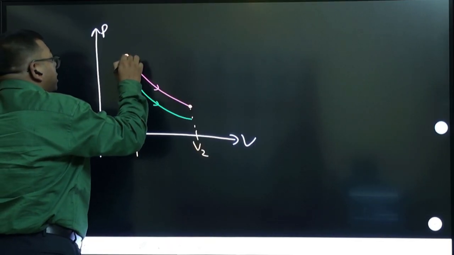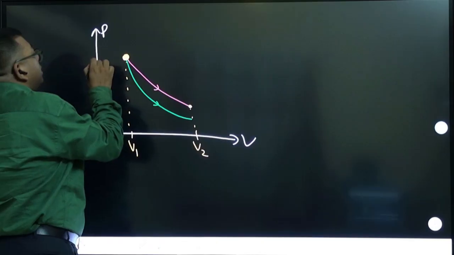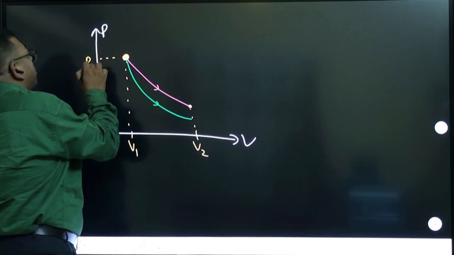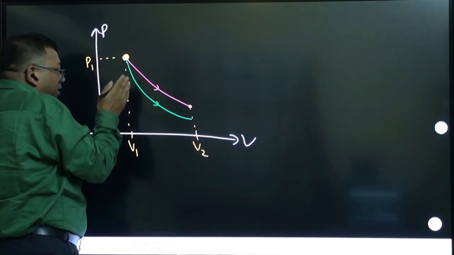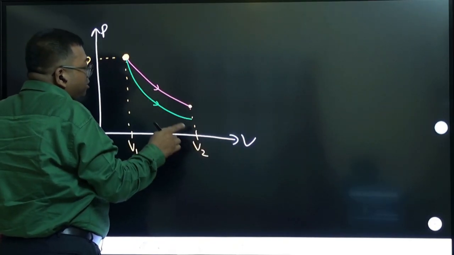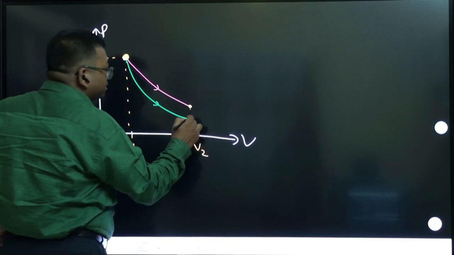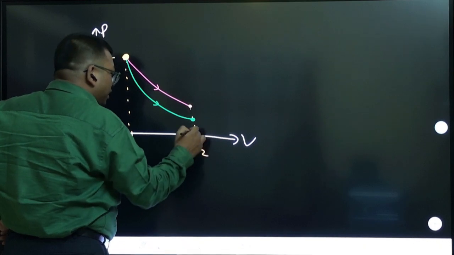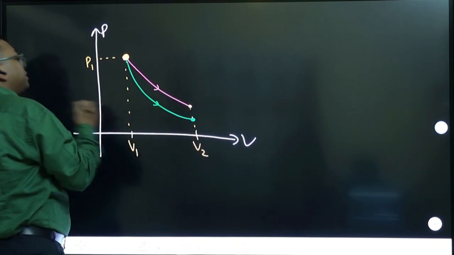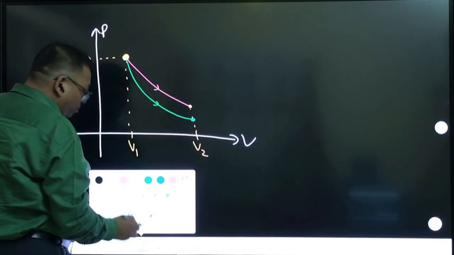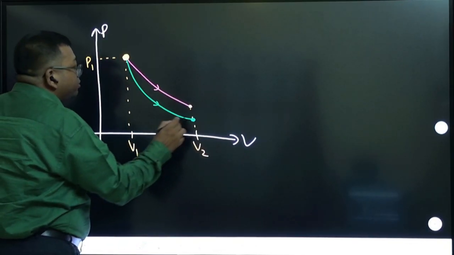Note that we are starting from the same initial state. That means initial pressure, initial volume of the gas is same, but final pressure is not the same. Note that final volume is same for both the gases. Why? Because this vertical line is the same volume, but final pressures are not same, because these 2 points are not pointing to the same pressure.